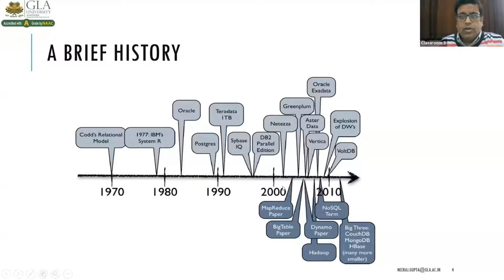We have a lot of options for storing data. We have a lot of software like Oracle, Postgres, Sybase, DB2, Aster, Vertica, VoltDB, right? These are all software related to the RDBMS. Okay, and on the other side we have a lot of software related to NoSQL.